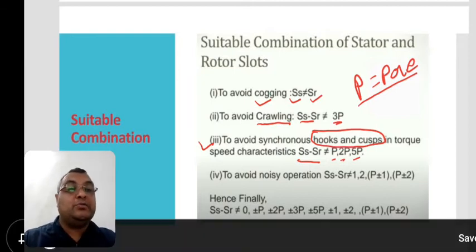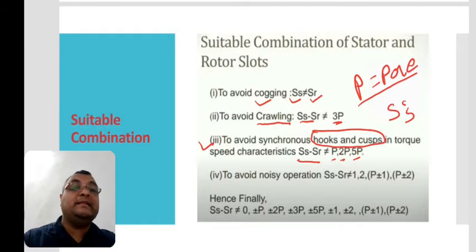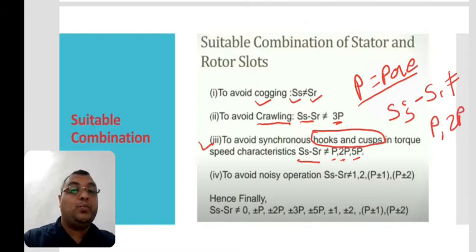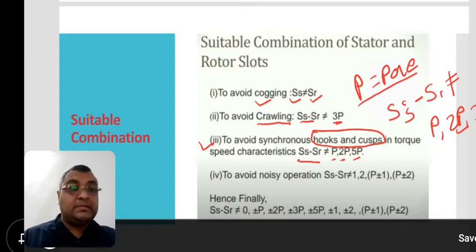So what it says is that SS, that is the stator slot, minus SR, that is the rotor slot, does not equal P, 2P and 3P. Once again, P stands for the pole here. Okay, so to avoid synchronous hooks and cusps, you must keep this condition in mind.